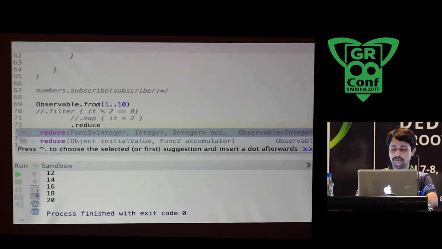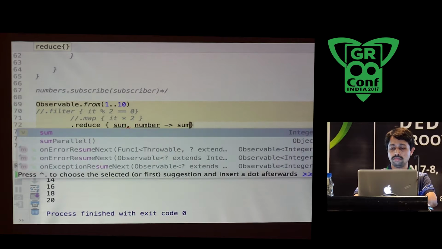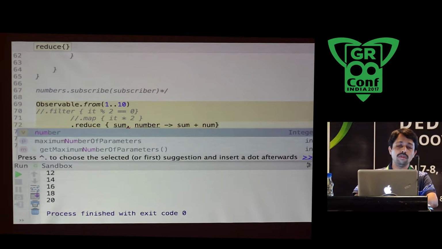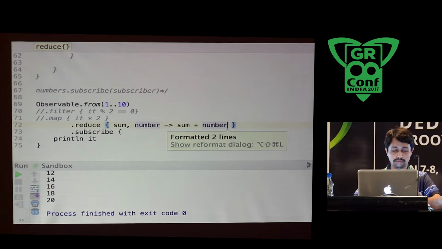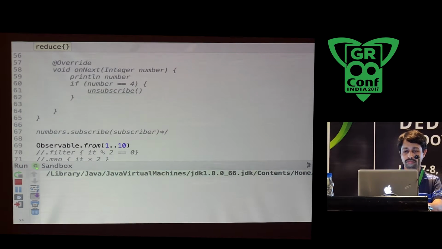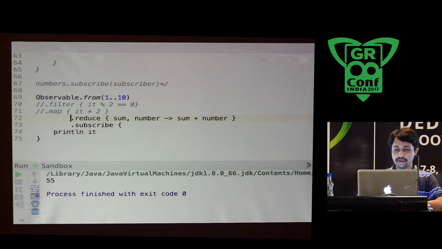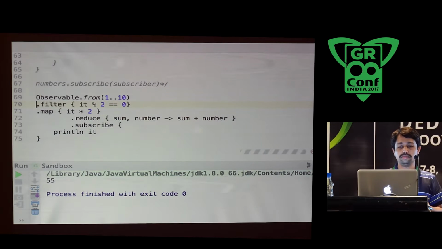So I can use reduce. So it's going to do that. So the interesting part here is you can compose them very well. So I'll just put filter, map, and reduce one after the other and run.